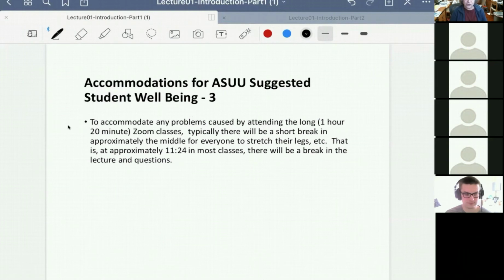Finally, to accommodate any problems caused by attending the long 1 hour and 20-minute Zoom classes, we typically will have a short break of about 5 minutes for everyone to get up, stretch your legs, go to the bathroom, get a drink, whatever you do. That'll be about 11:24.